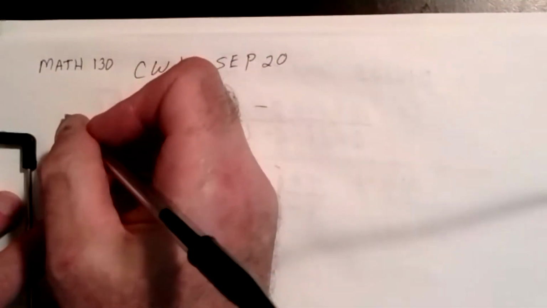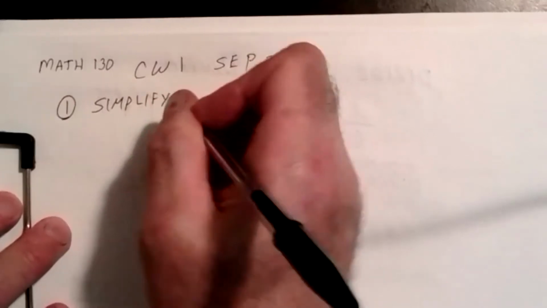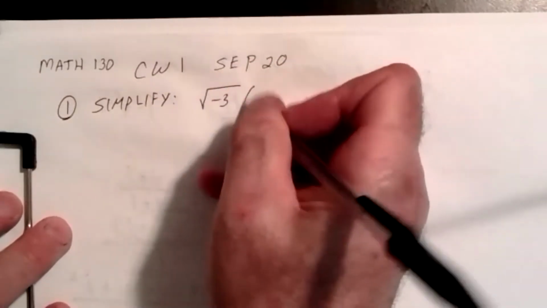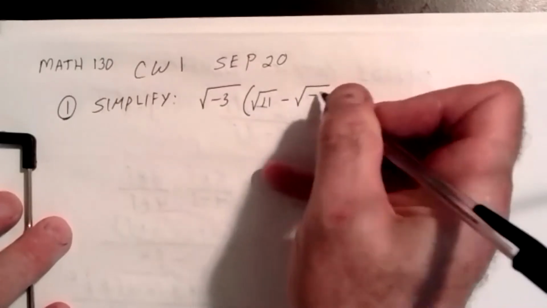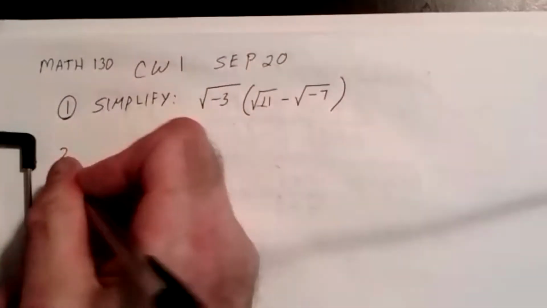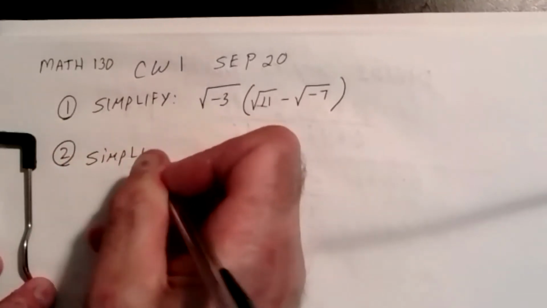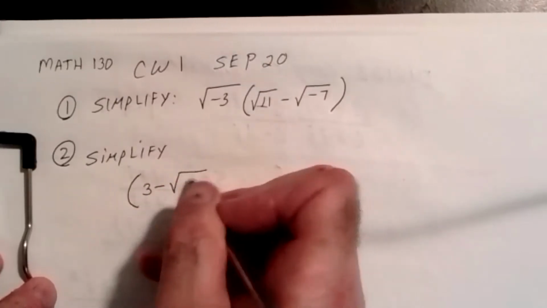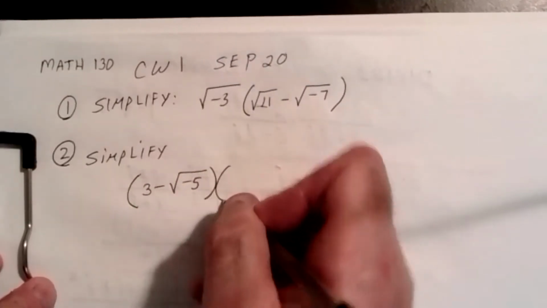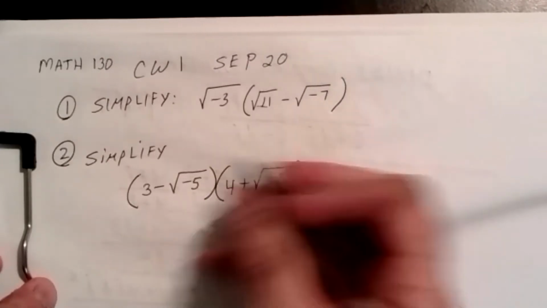All right, I want you to try a couple of these. Problem number 1, I want you to simplify this. Square root of -3 multiplied by the square root of 11 minus the square root of -7. Problem number 2, I want you to simplify this. 3 subtract the square root of -5 multiplied by 4 plus the square root of -5.